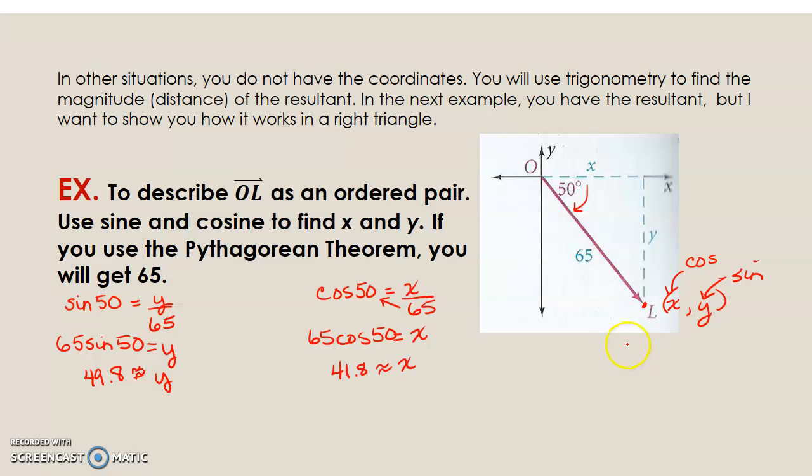So from 0, 0 to that, your coordinates would be 41.8 and 49.8. That would be your component form, your movement horizontally and your movement vertically. And that vertical movement would be a negative because of how you're moving down in this case. Positive x, but a negative y.